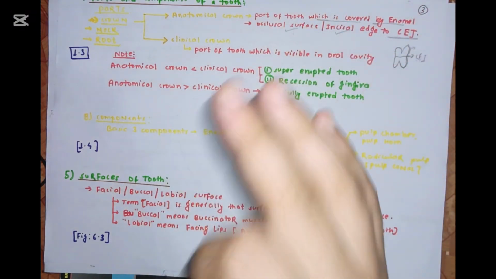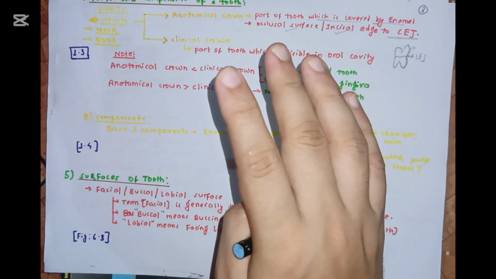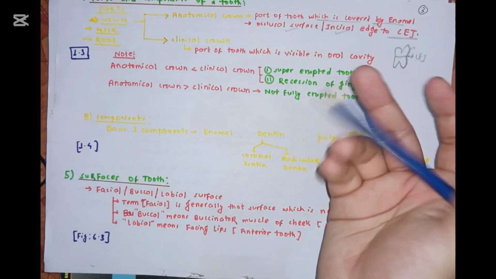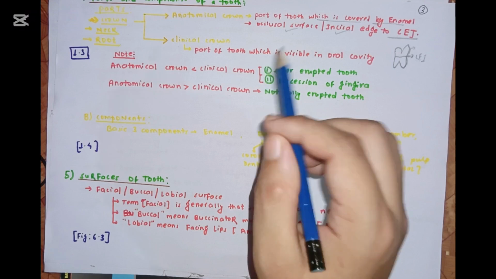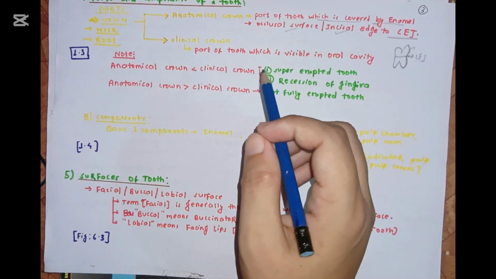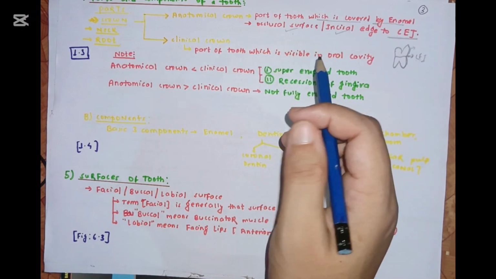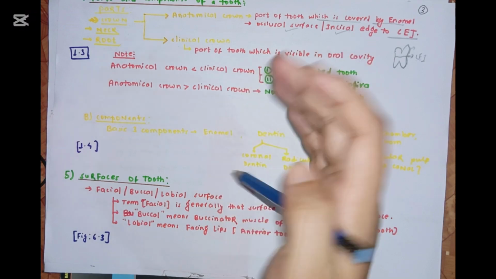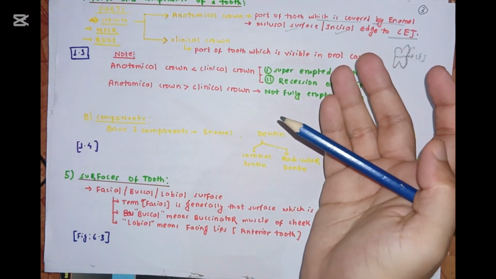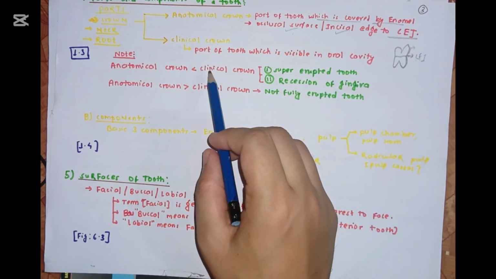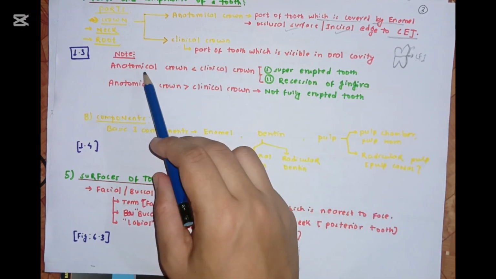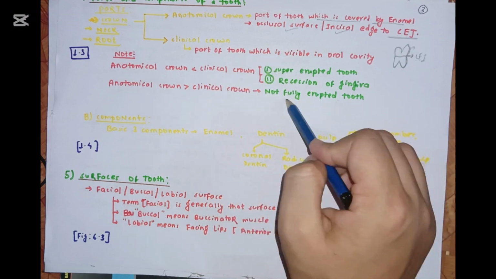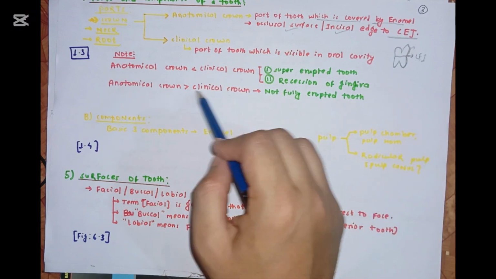Okay, it means that they do not change their length with the eruption or recession of the gingiva, but clinical crown and the clinical root, they are changing their length with the conditions. Like in a recession of gingiva, there is greater clinical crown, and similarly in not fully erupted tooth, there is lesser clinical crown.